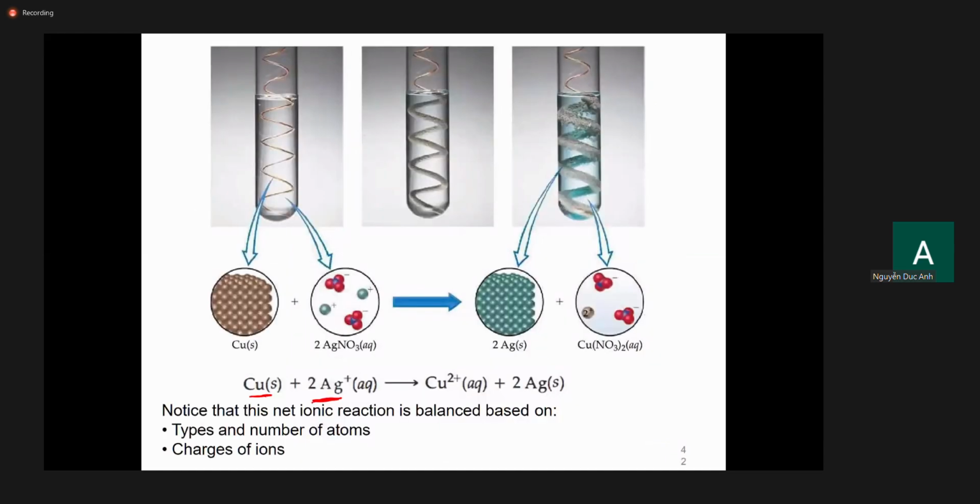So copper can push silver out of the salt, or we can say copper can donate electrons to silver plus and form copper 2 plus. Now it stays in solution, and silver appears as a solid on the outside of the copper, and the solution changes from colorless to a little bit blue because of the presence of copper.